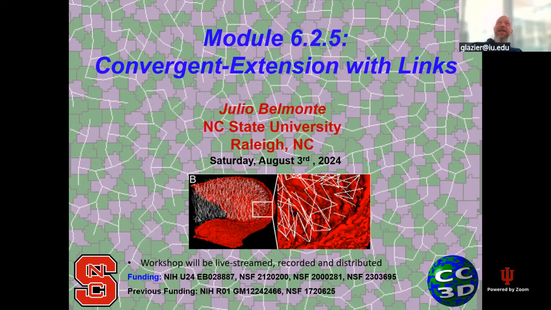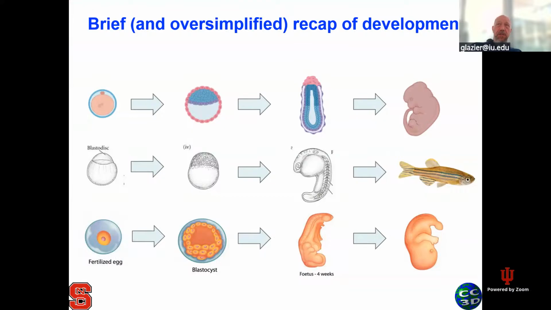But the idea here is convergent extension. What you see in these early embryos is that initially the tissue that's going to form the embryo is relatively symmetrical, more or less a circular disc, and then it has to elongate head to tail. That elongation happens in fish, in amphibians, and in mammals.